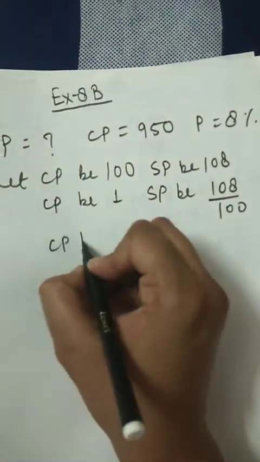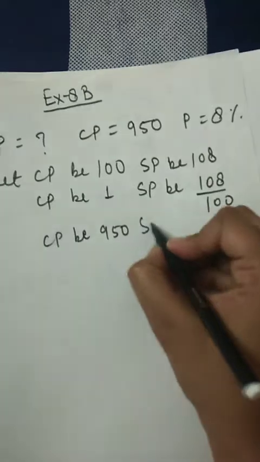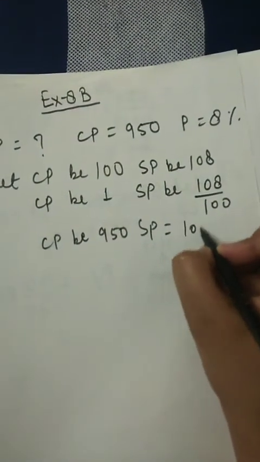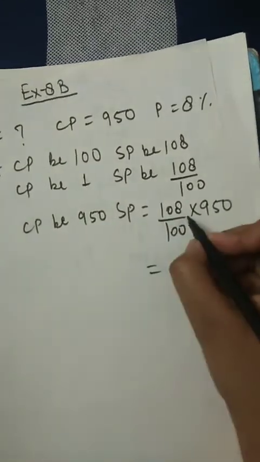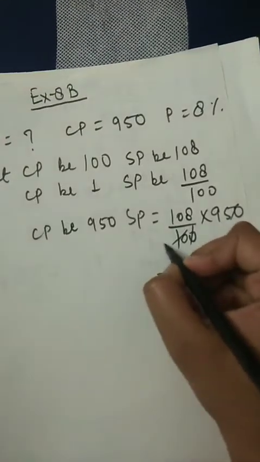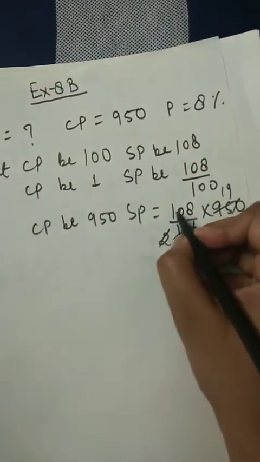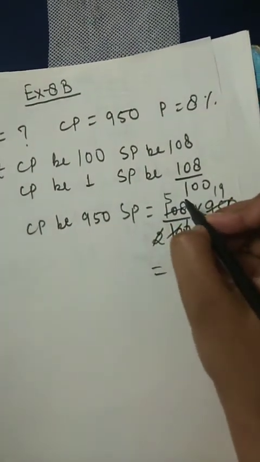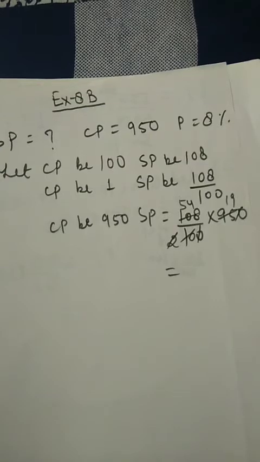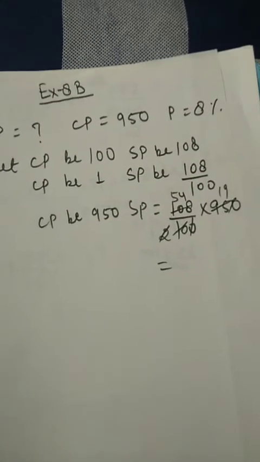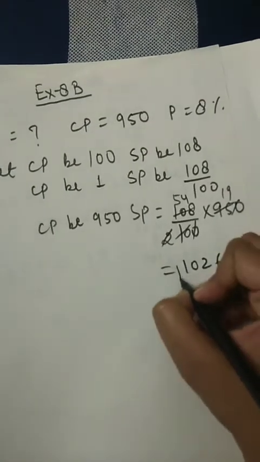When CP is rupees 950, which is given, selling price will be 108 upon 100 into 950. We will solve this. So this is 54 into 19, which will be equal to 1026 rupees.